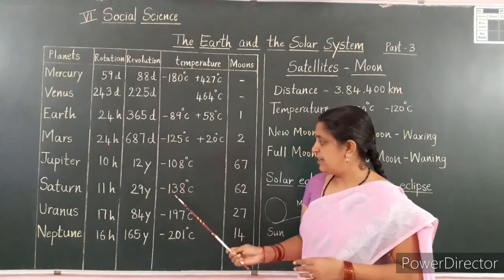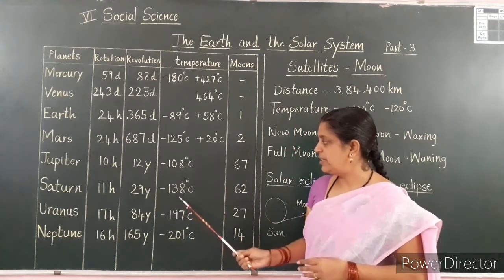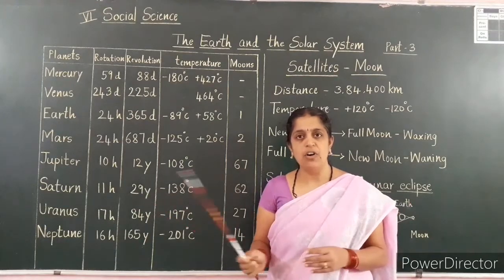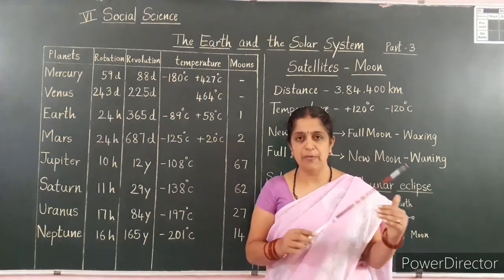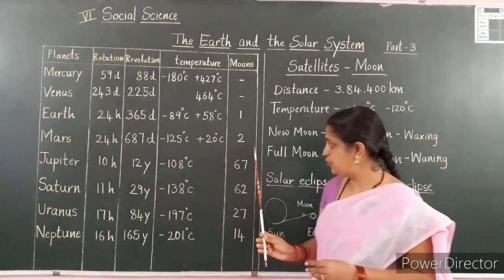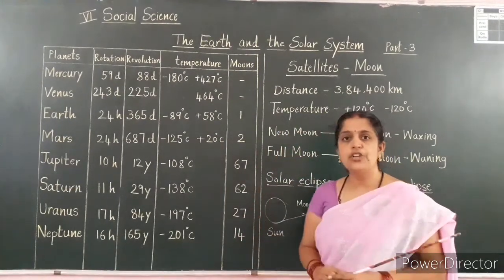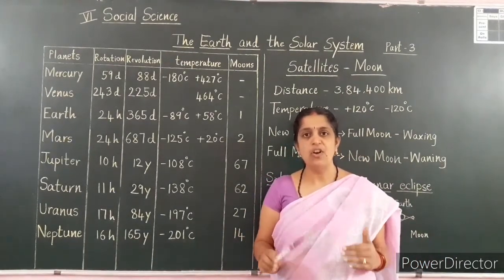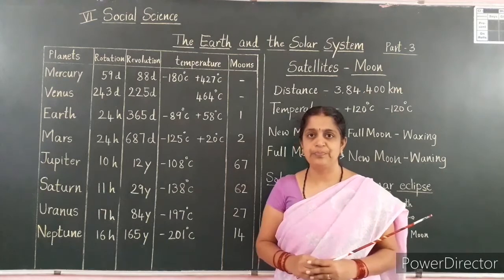The temperature is -138 degrees Celsius. So these are called cold planets because they are very far away from the sun. Next, like Jupiter, it has a large number of moons. So this is all about Saturn.